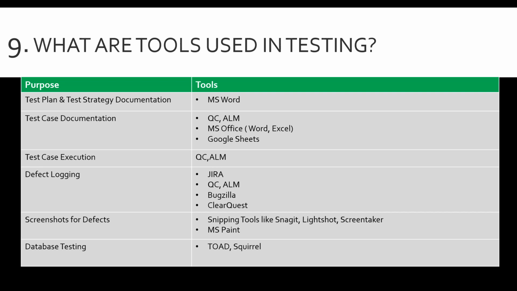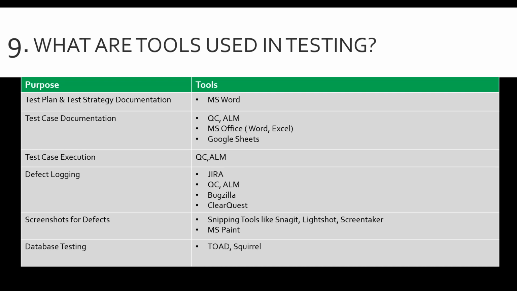And then for screenshots for defects, I've stated that screenshots are very key for defect management. For screenshots, we have some snipping tools like Snagit, Lightshot, Screen Taker. If nothing works, you can just take a screenshot and edit it using MS Paint.